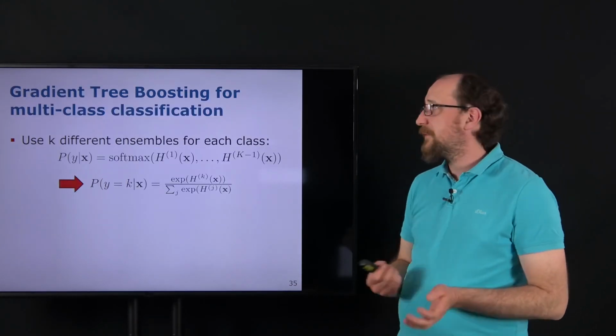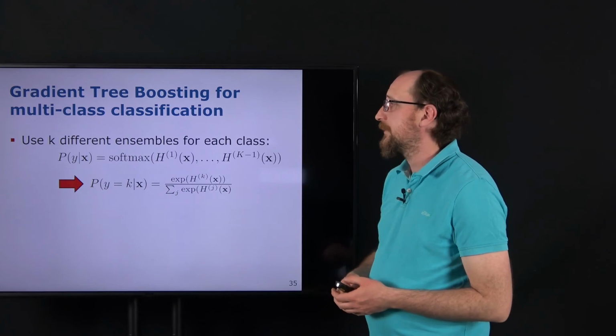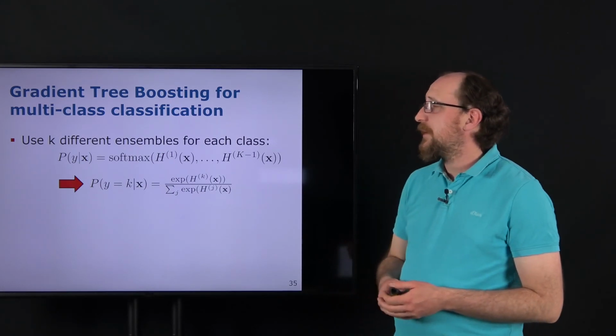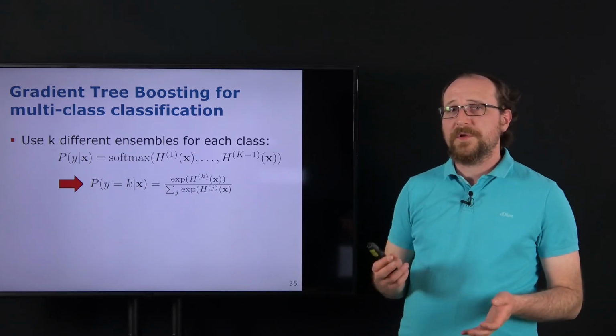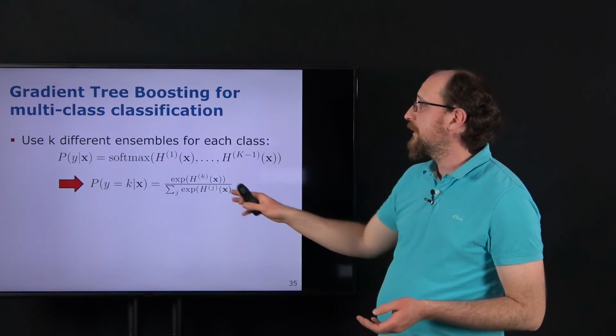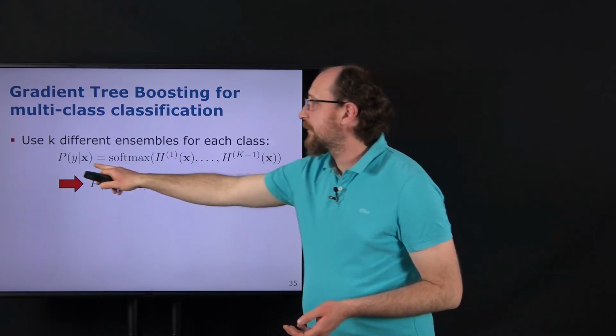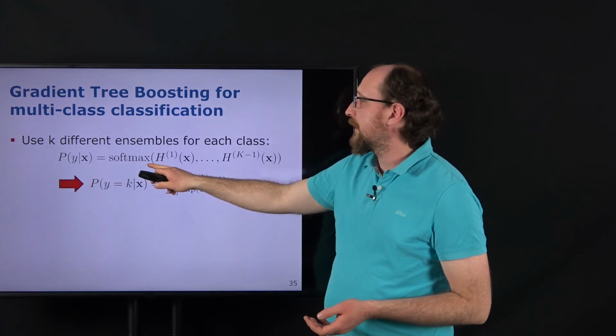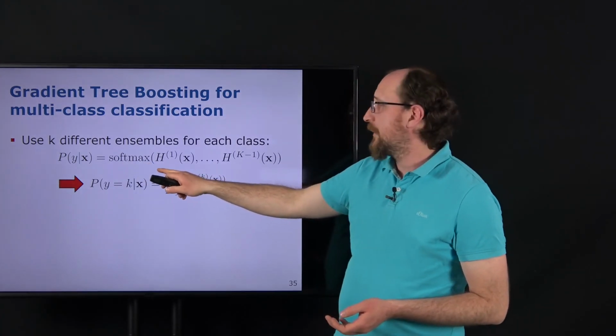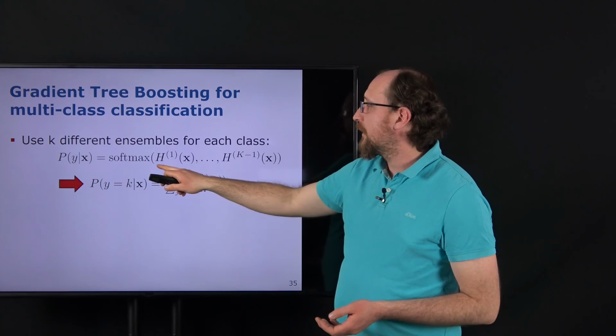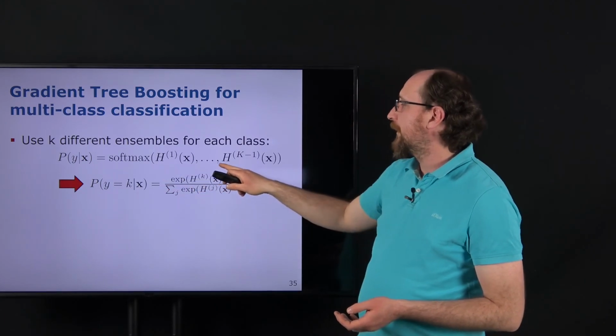And for gradient tree boosting for multi-class classification, we are now just doing one thing. We are including the softmax here. This is like in the softmax regression, where we have the softmax over outputs of functions.